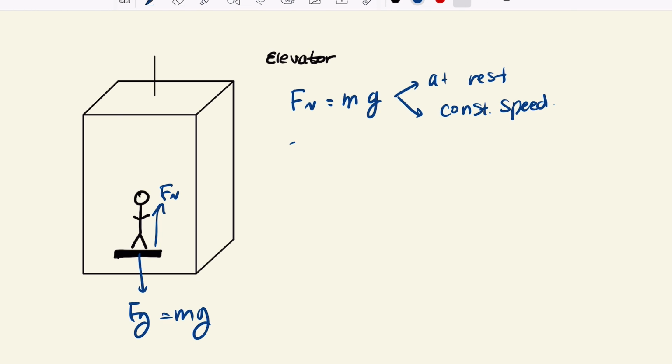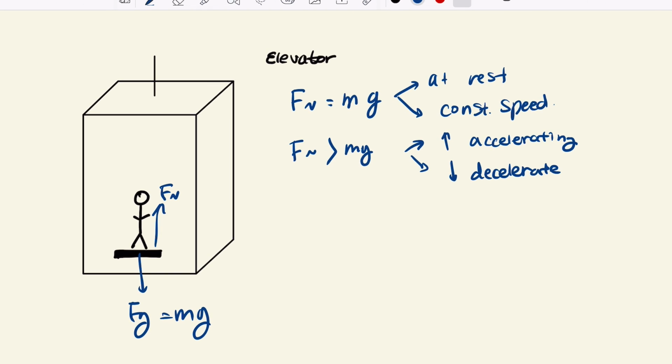However, when is the net force larger than the mg? So when would the scale show a greater number? When would the scale tell you that you're heavier than you actually are? When the elevator is accelerating up and when it decelerates down.